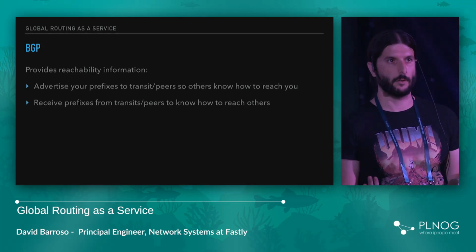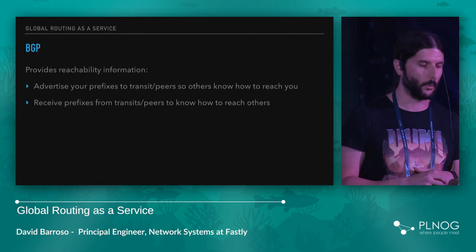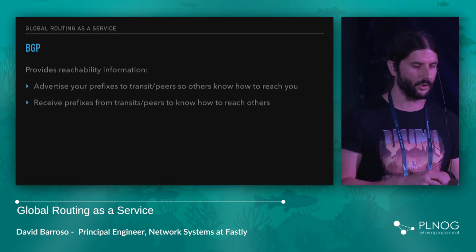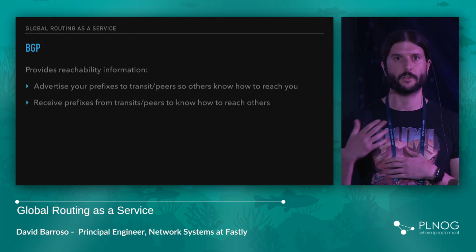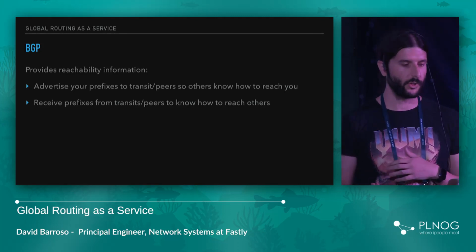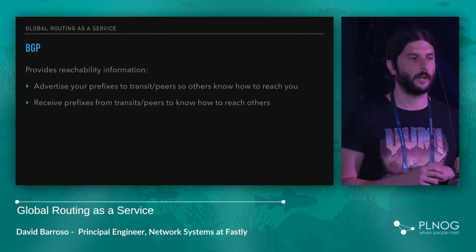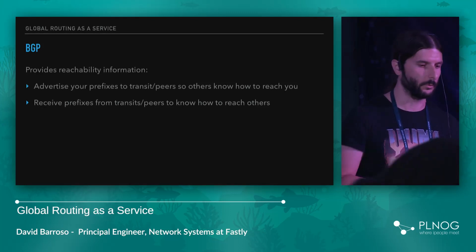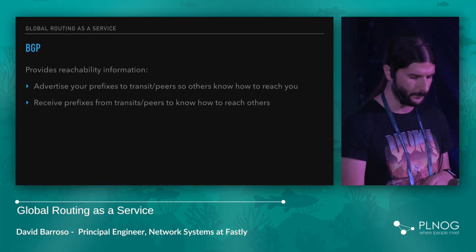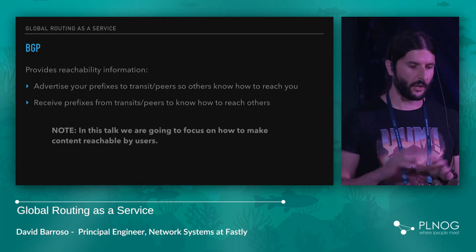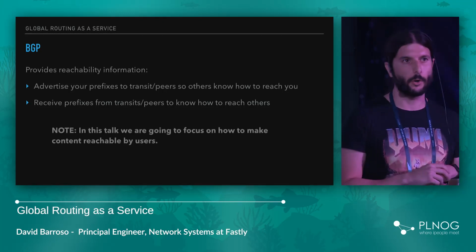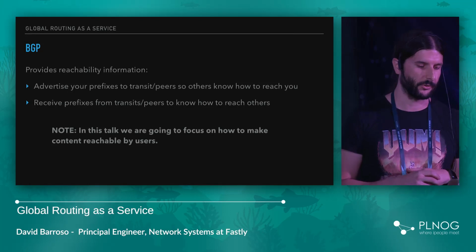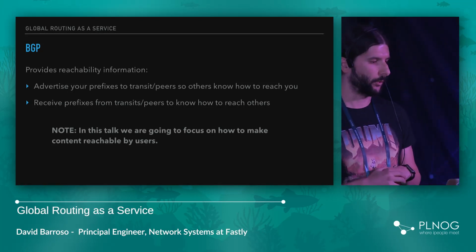With BGP, you can advertise your networks so others know how to reach you. And you can also receive from peers their networks so you know how to send the content back. For the sake of this talk, we're going to be focusing only on how to reach users, not how users reach the content.